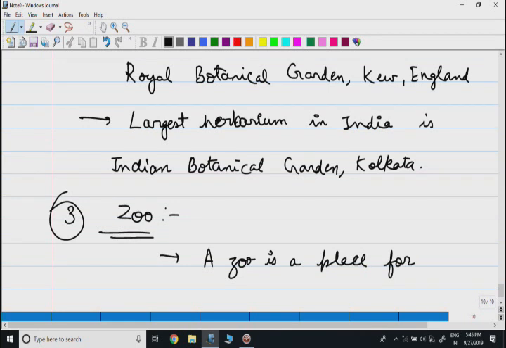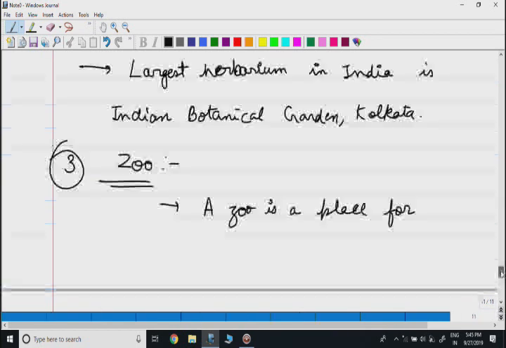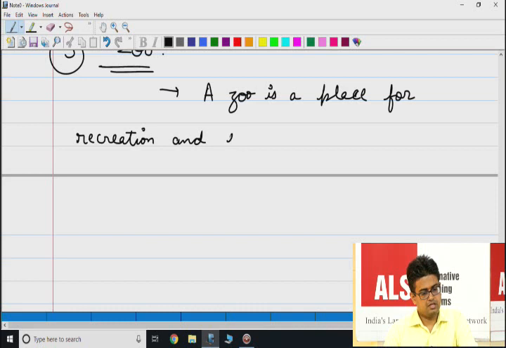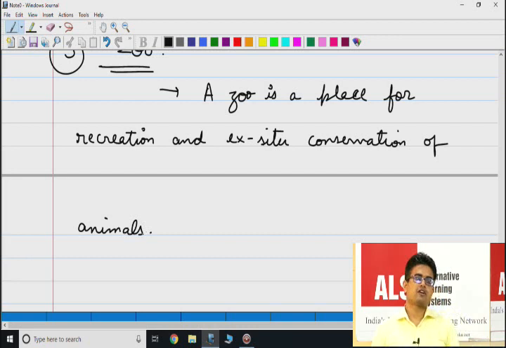So it's a place for recreation, and ex situ conservation of animals. The animals are kept in their near natural habitat. We try to keep them in their near natural habitat and provide them a safe space also. We can also see them, and it helps in a lot of ways.